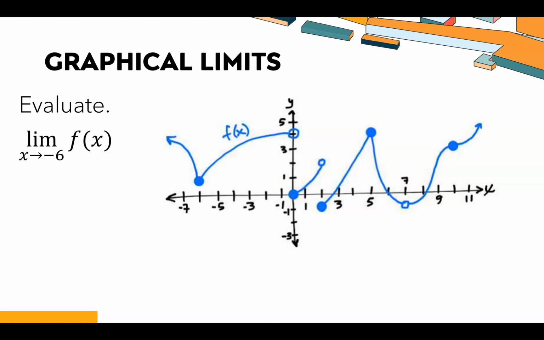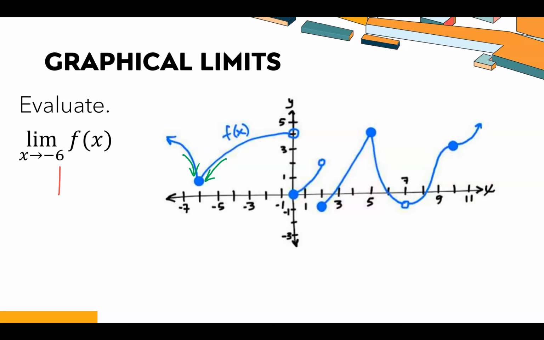All right. So now we'll just start off with a two-sided limit. Okay, so the limit as x approaches negative 6 of f. Well, from the left and from the right, the y values approach 1. So we'll just say 1. This is kind of the warning I said at the beginning.